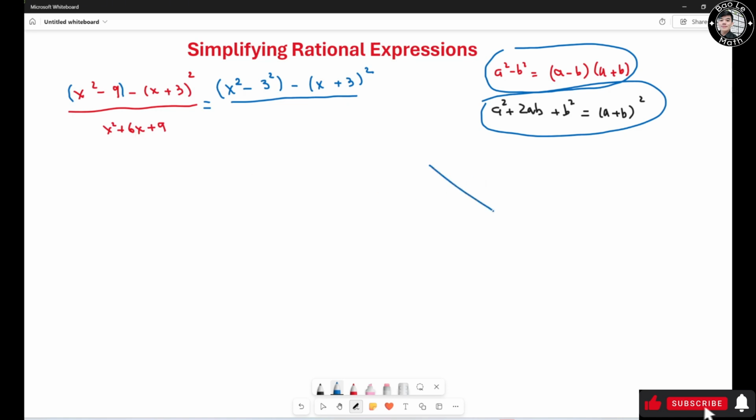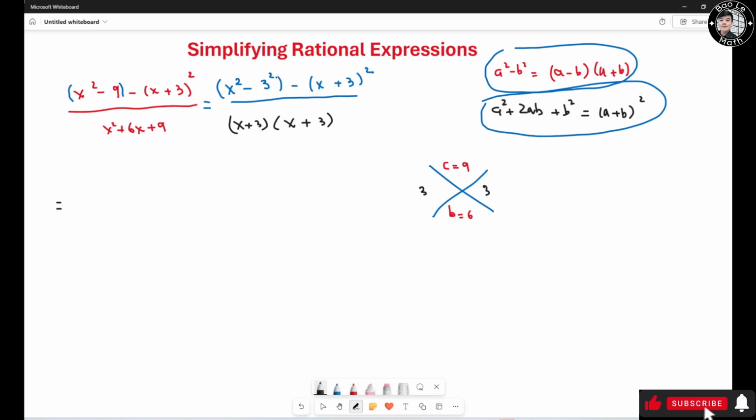I just factor this one out, so I use the factoring method. Right here c equals 9, b equals 6. Now I need to find two integers that multiply to 9 and add up to 6, which is 3 and 3. So I have s plus 3 times s plus 3. Now for the numerator, I can use the difference of two squares formula.